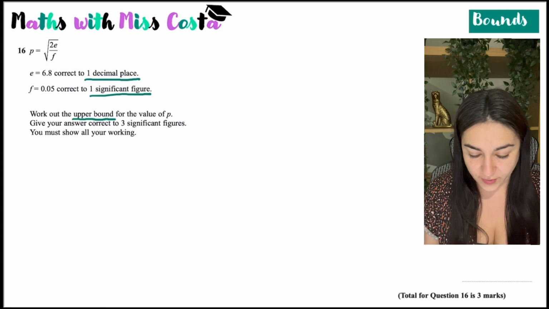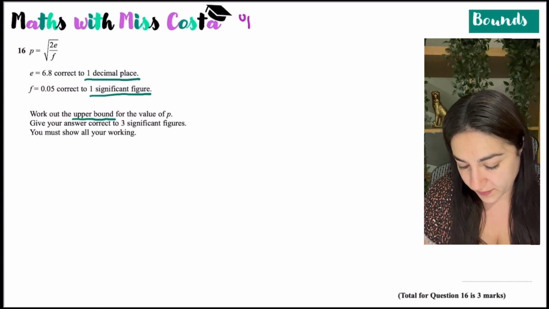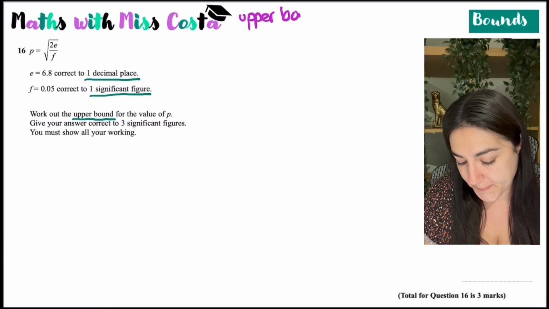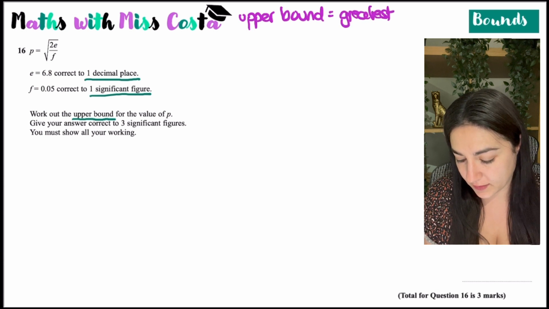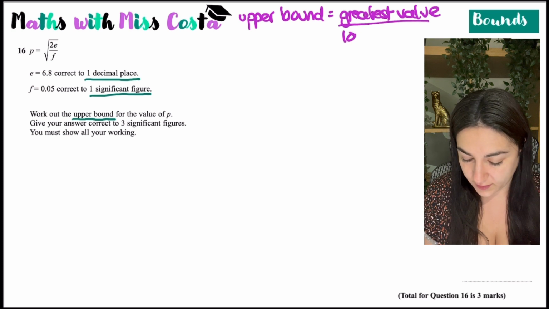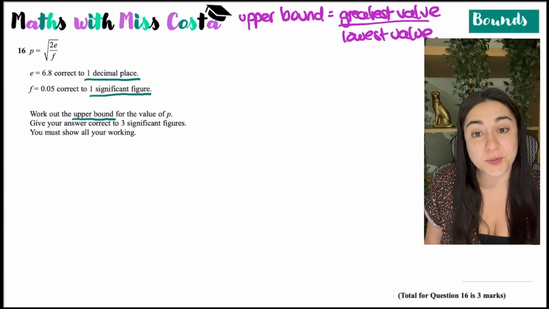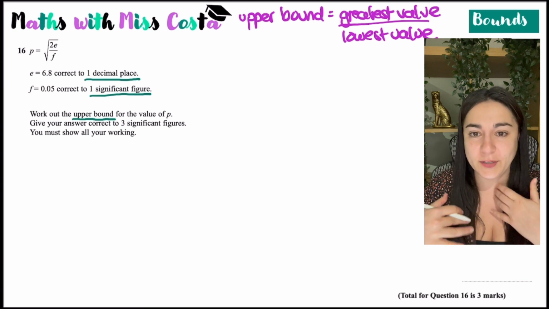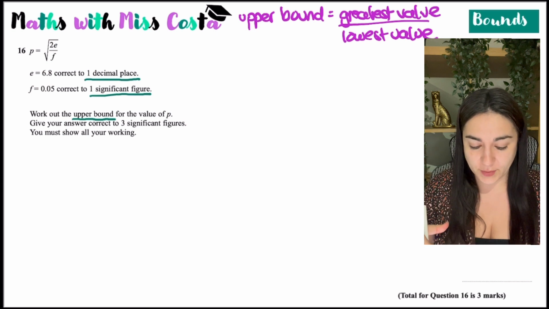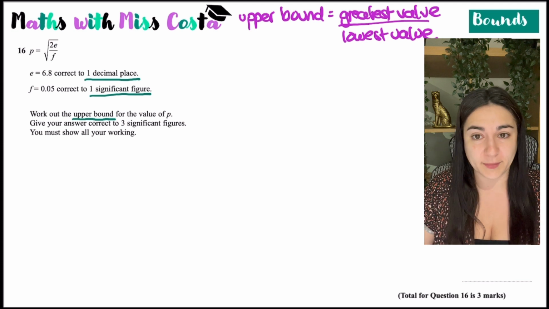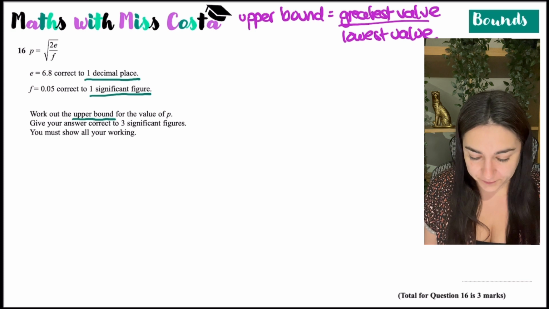To work out the upper bound with the division, you want the greatest value as your top numerator over the lowest value. And if this still confuses you, it's not going to be very time efficient, but what you can do is work out all 4 possibilities and then give your final answer as the upper bound.